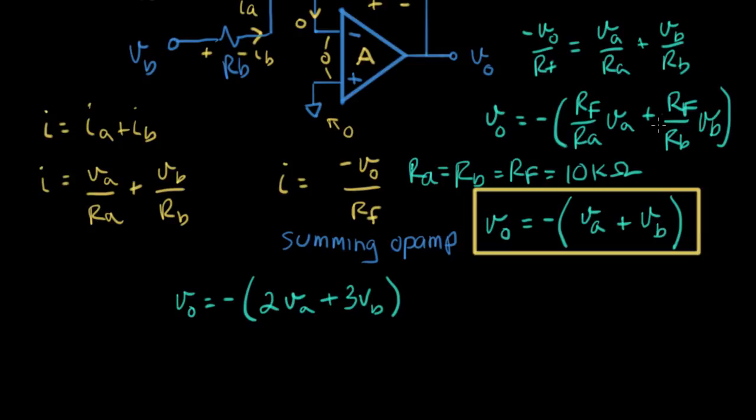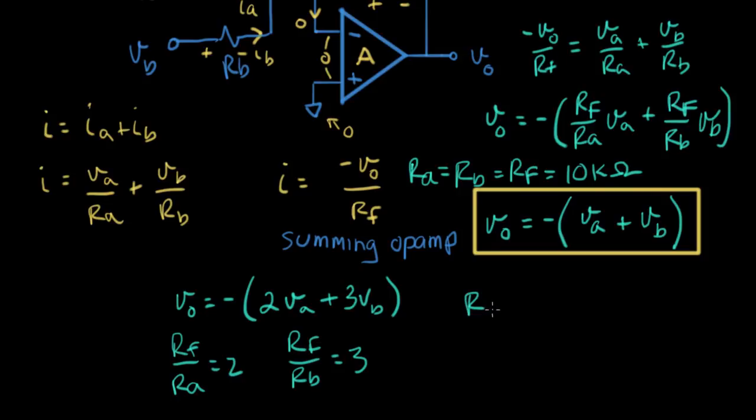That was our original expression up here. So what I want is RF over RA to equal 2, and I want RF over RB to equal 3. It's the same RF, and so I get to adjust RA and RB here. So I can pick component values.